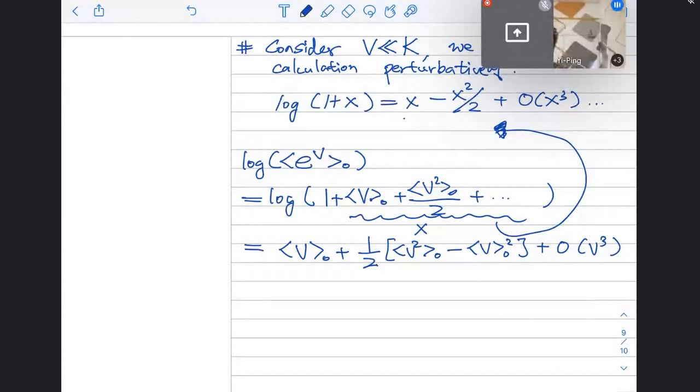So if you re-exponentiate this thing, basically you got, oops, sorry.